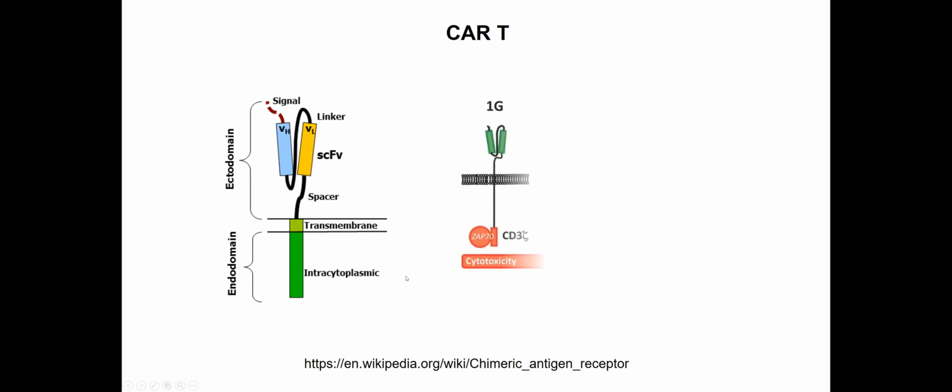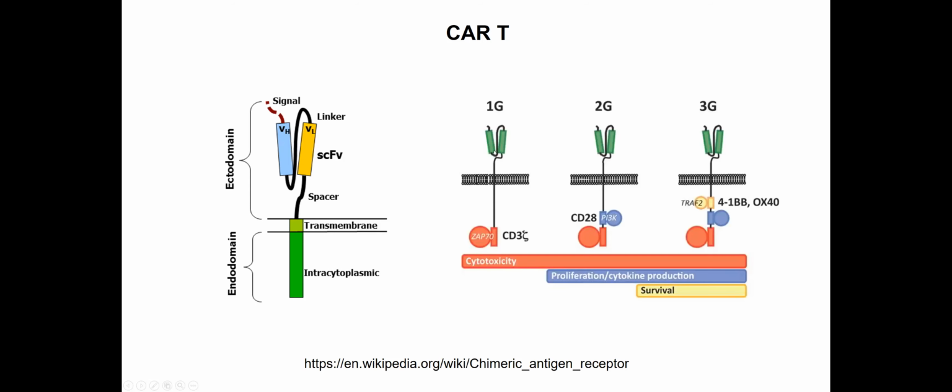So this is the first generation of CAR T. Now the downstream is the same. If the downstream is the same, then their cytotoxicity should have the same function as the original T cells, through granzyme and also perforin.